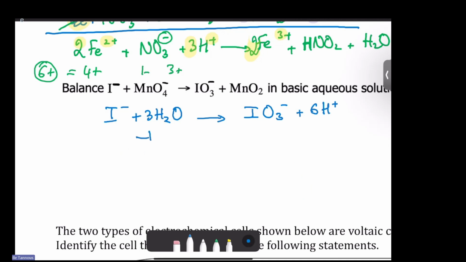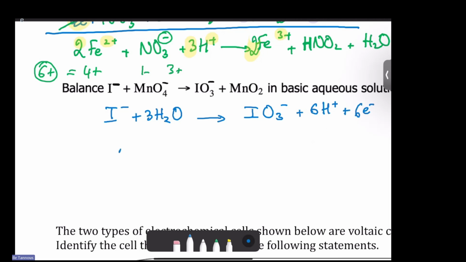So minus 1 and 5 plus. Where is the side that is higher in charge? Here. You need to add electrons here to drop the 5 to minus 1. So if I add 5 electrons, the charge will drop to 0. But if I add 1 more electron, the charge will drop to negative 1. So 6 electrons to add. I hope that this is clear. Now this one is done.